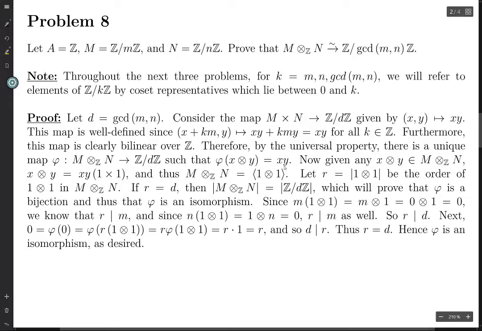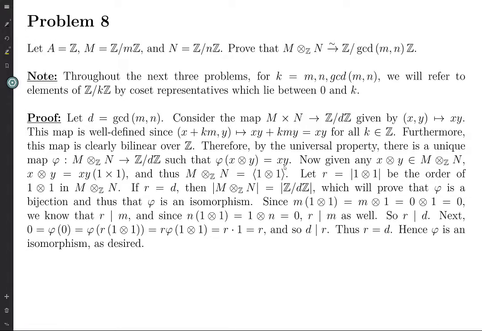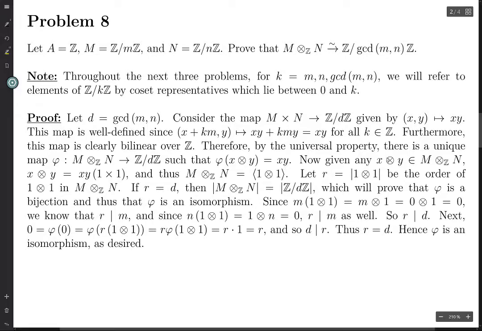Alright, so what do we want? We want this to be an isomorphism. So let's prove that. Let's say we take any element here in this tensor product. Then, because of bilinearity, you can pull out x and y, and this is just xy times the tensor product of 1 and 1.